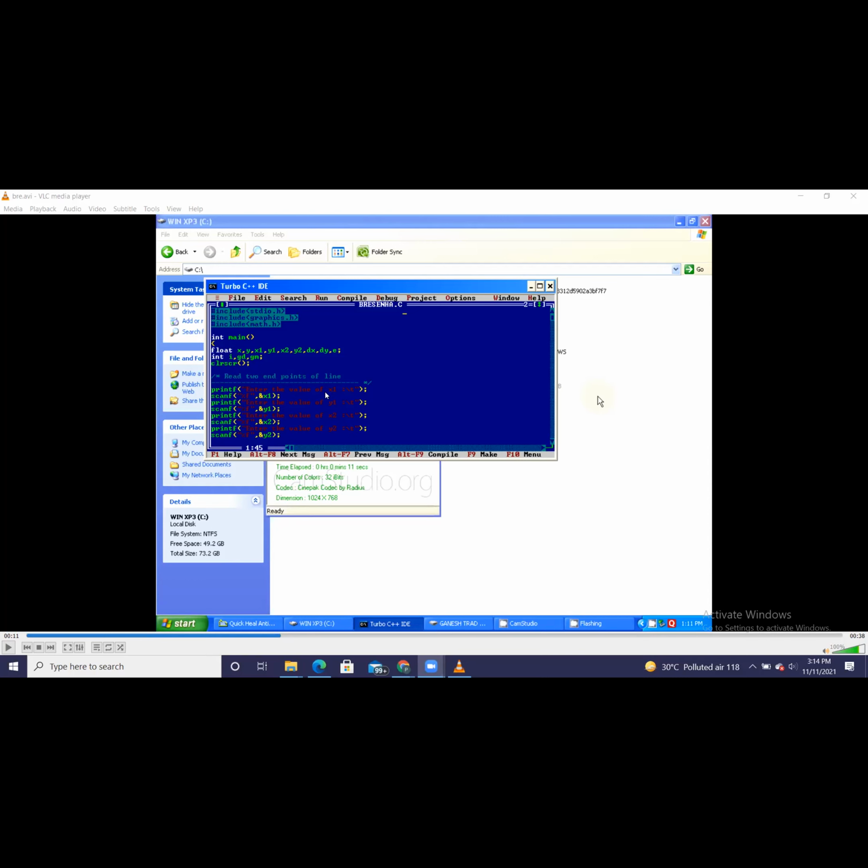We are entering the values x1, y1, x2, y2 from the user side and accepting them in x1, y1, x2, y2 respectively. These are my end coordinates. All of you agree with this? Is there any difficulty? No, ma'am. Okay, thank you. So let us move further.